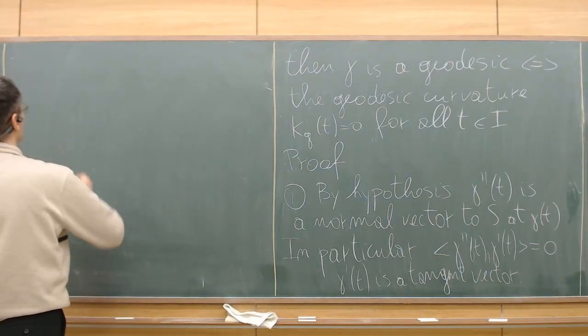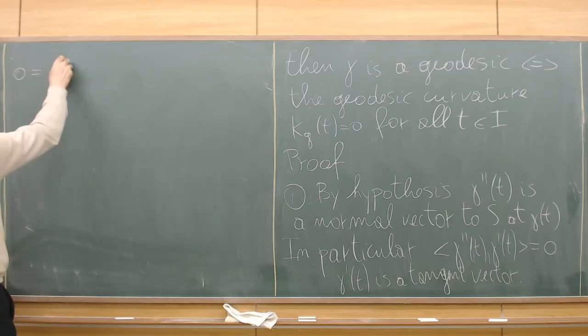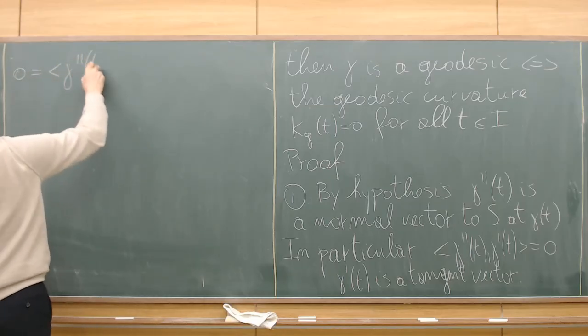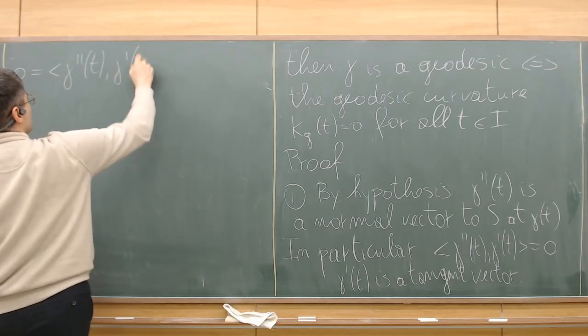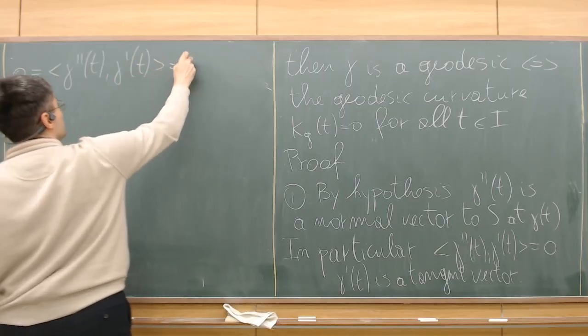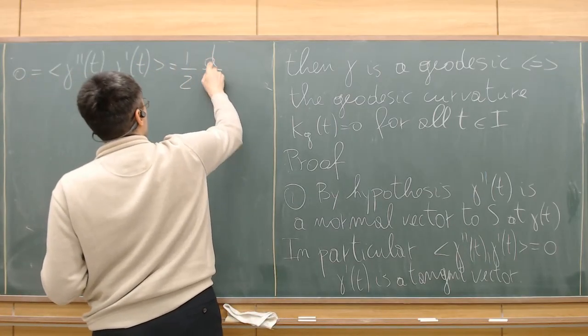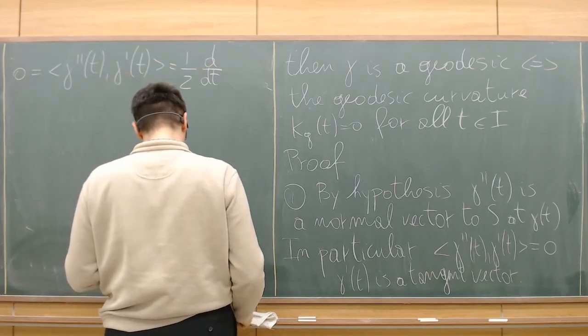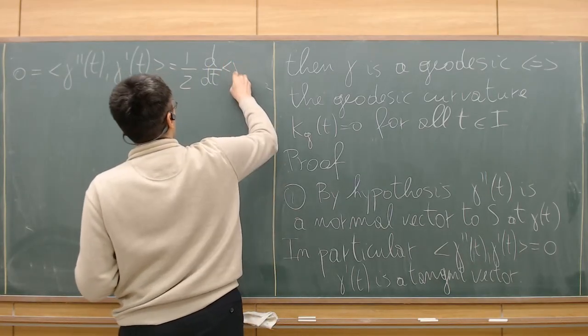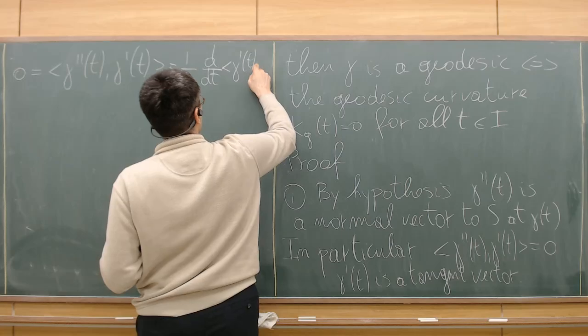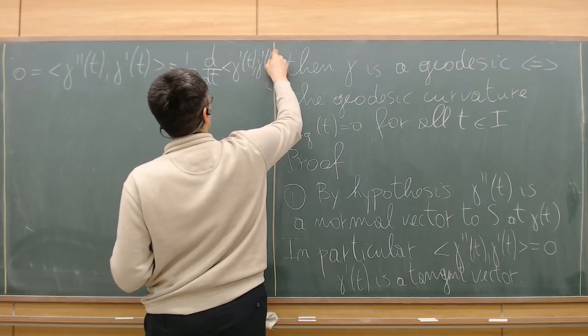But the inner product of gamma second t and gamma prime t can be written as 1/2 d/dt of the inner product of gamma prime t and gamma prime t.